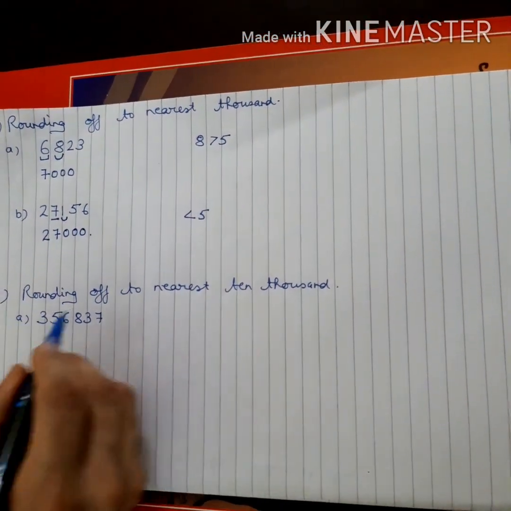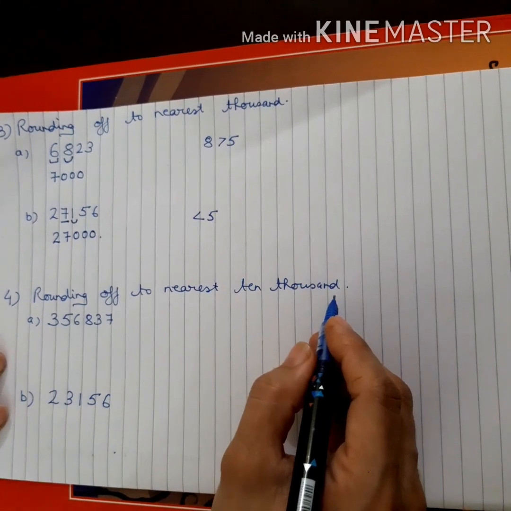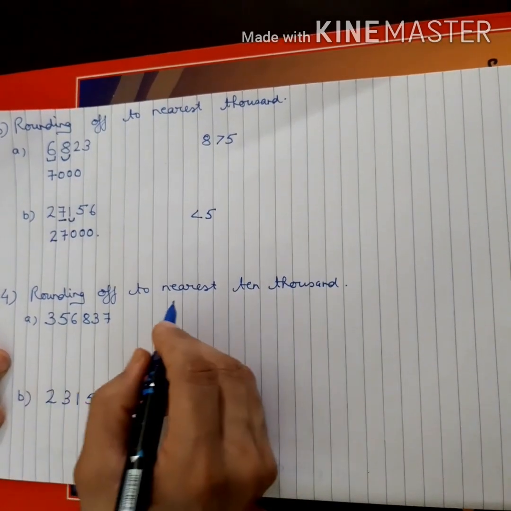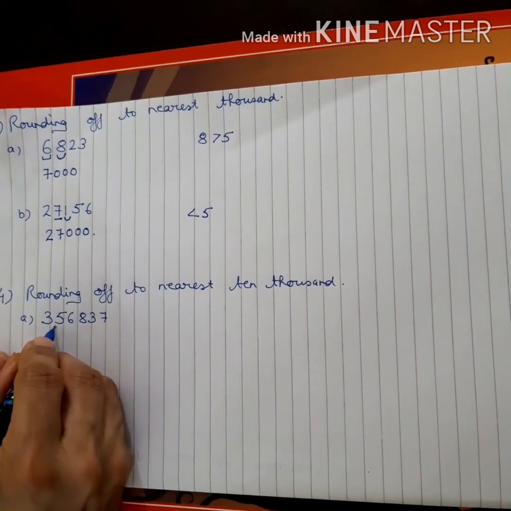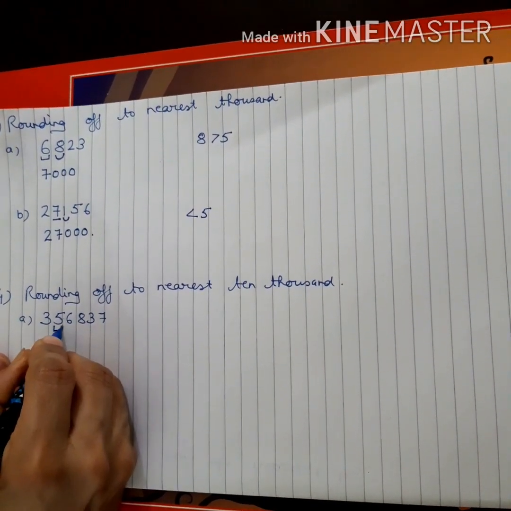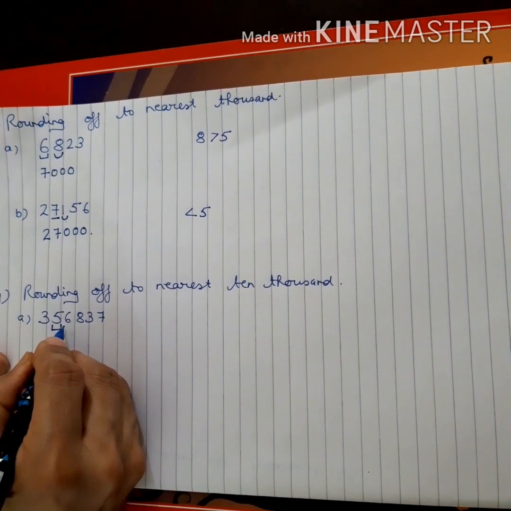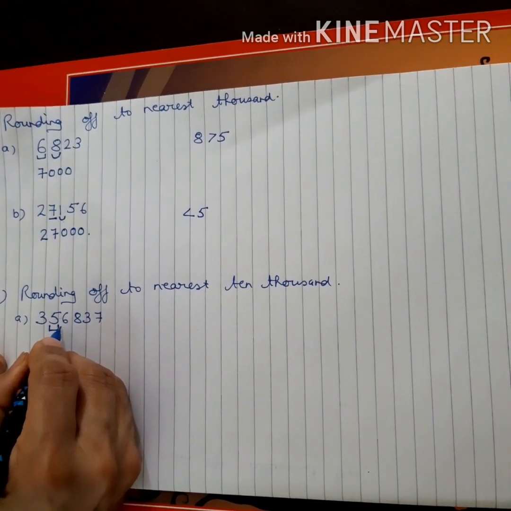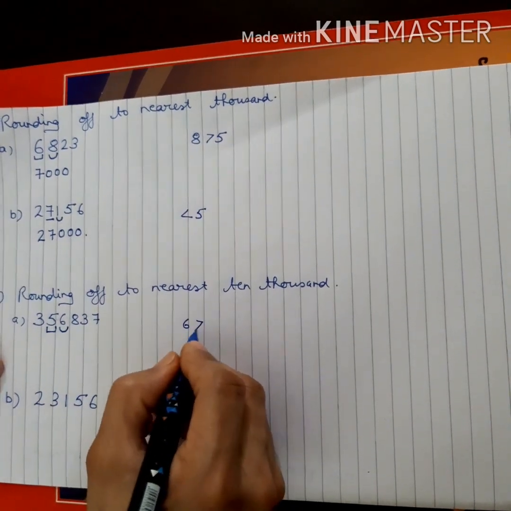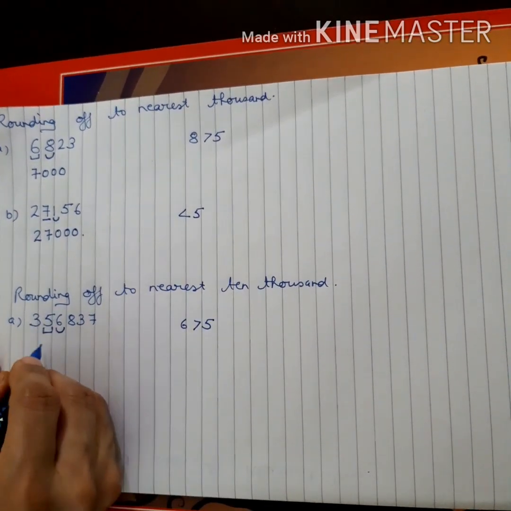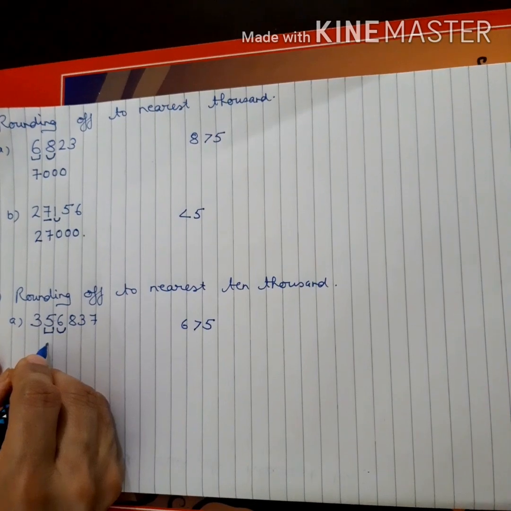Fourth, rounding off to nearest 10,000. We are rounding off this number to nearest 10,000. So we will underline the digit which is at 10,000 place, which is 5. We will check the digit one place lesser than it. It means we will check 6. This 6 is more than 5. So this 5 will increase by 1.